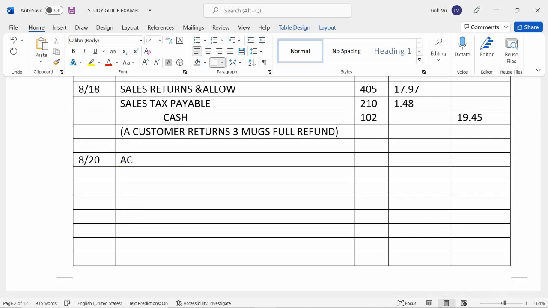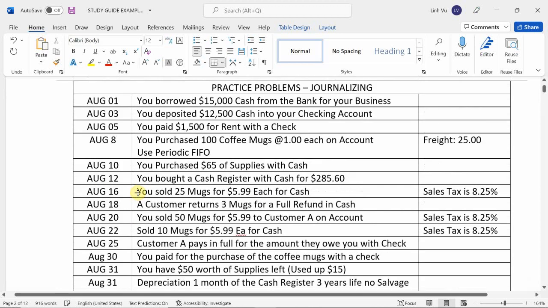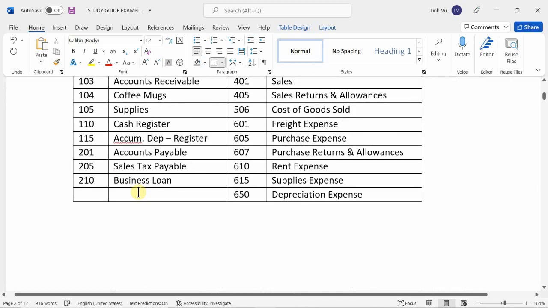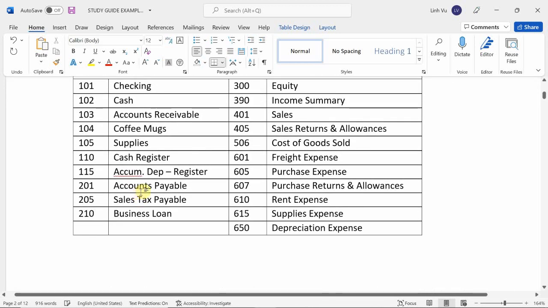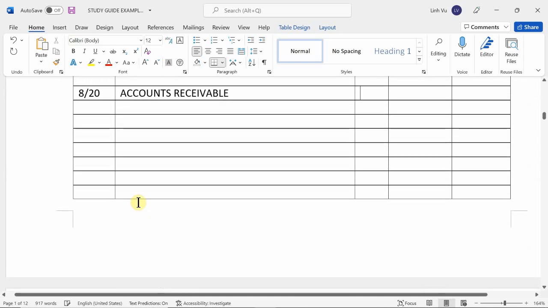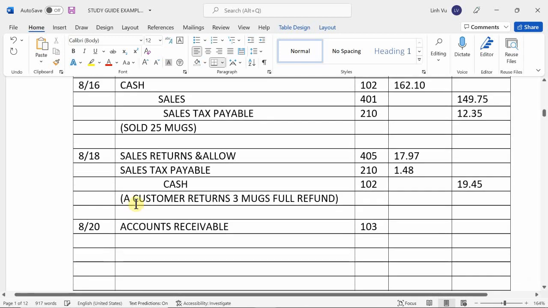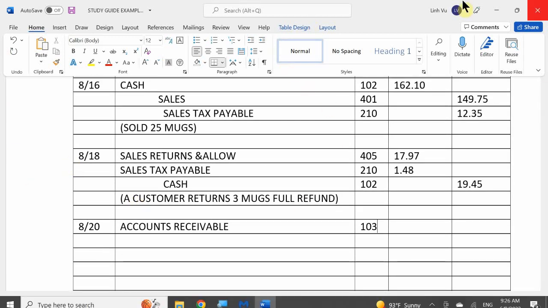We have an accounts receivable. I think that was 103. Oh, accounts receivable is 103. Okay. And let's see. We had a sales and sales tax.